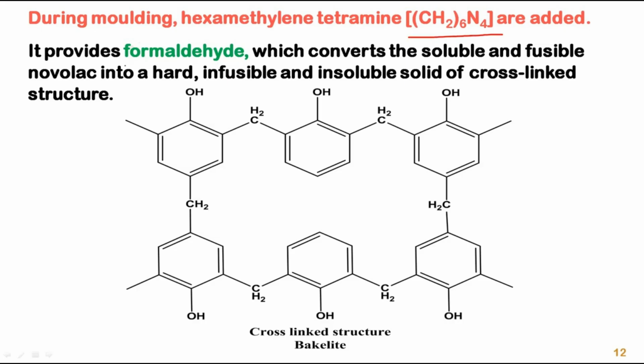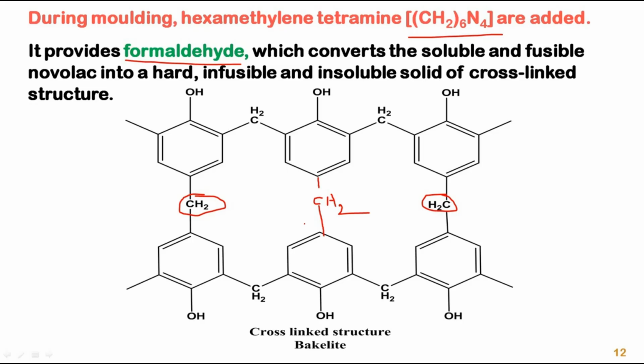This reagent provides formaldehyde, which provides the methylene group for the bridging between the two adjacent Novolac chains. So this CH2 will form cross-linking between the two adjacent Novolac rings, so that the structure becomes rigid and forms a cross-linked structure, Bakelite.